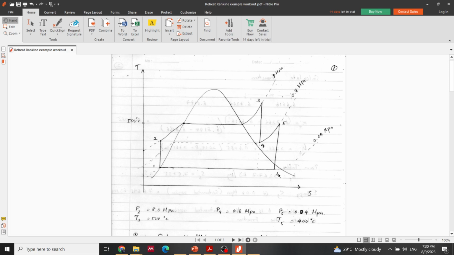Therefore, using the same setup, we can increase the efficiency by increasing the amount of work that we are getting from the system. Reheating gives a lot more work output from the turbine, and therefore it gives you improved efficiency values, right?